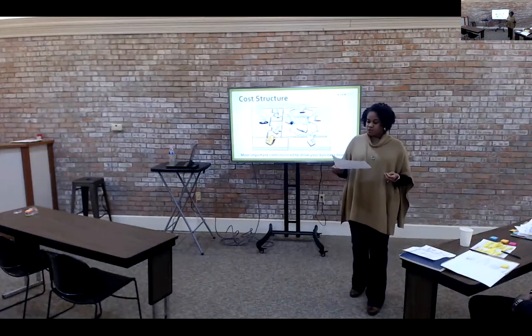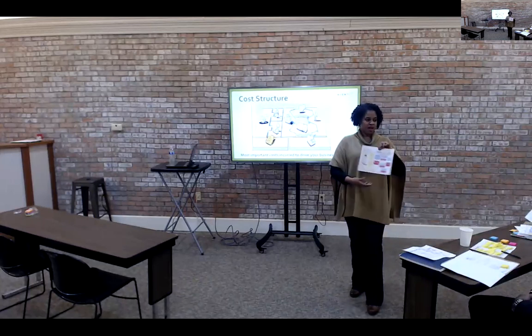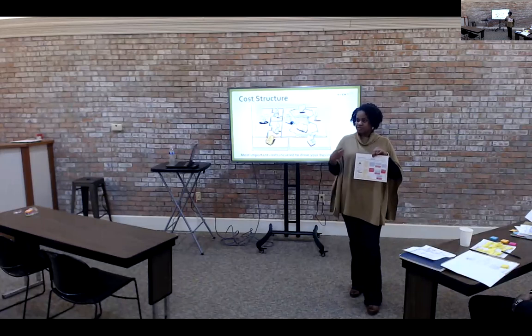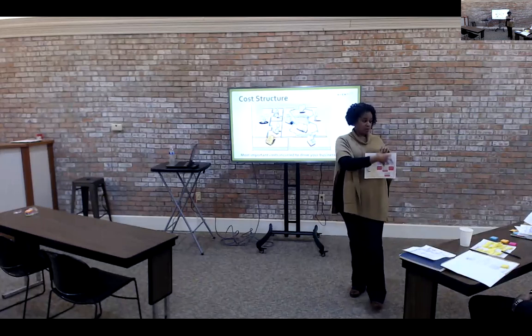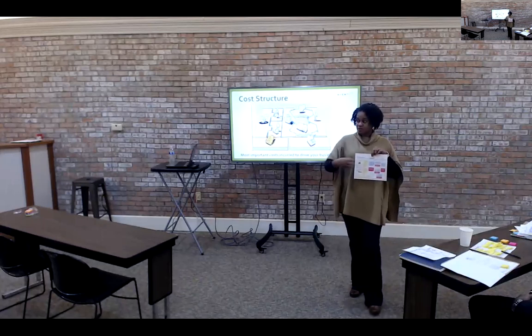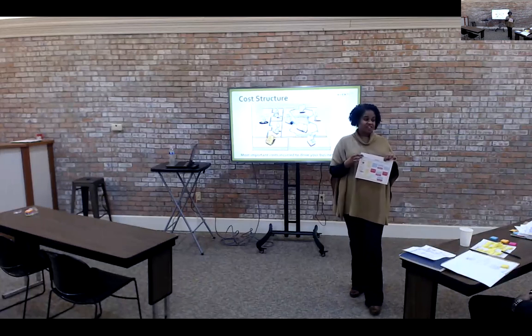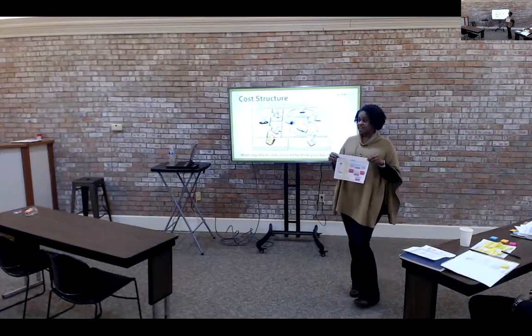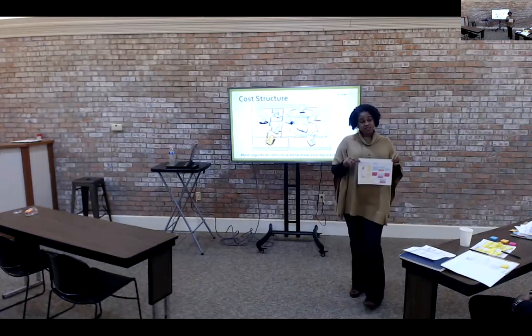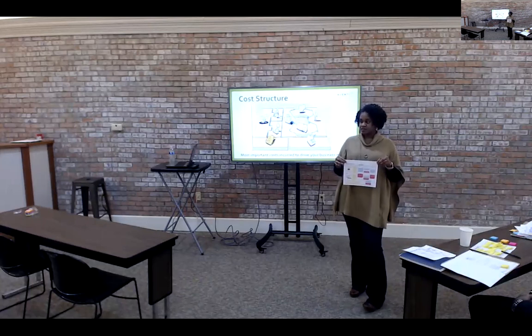You will see that each element in the business model connects with another element somewhere else. If it doesn't connect with anything, it's not a key element. So you can take it off, or you can add something to your business model to make that connection.